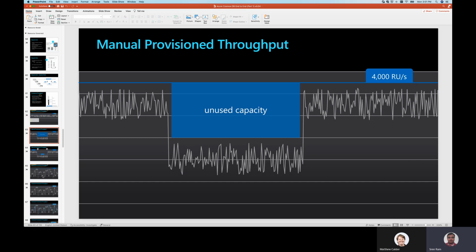For example, if there is a significant chunk of time in which your traffic is significantly lower than the defined 4000 RUs per second, it will lead to so much unused capacity in that time, and that unused capacity is lost money. And therefore, in order to solve these kinds of cases, manual provisioned throughput is not the right approach.